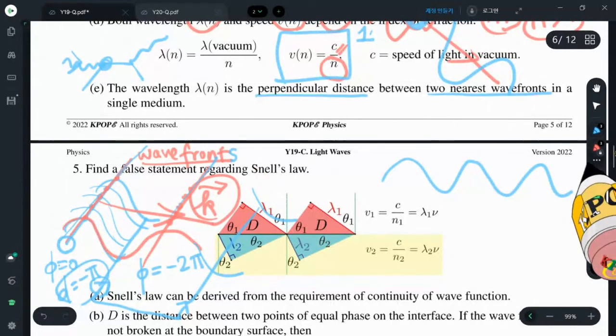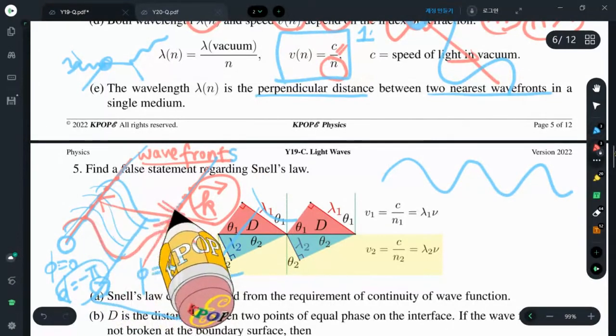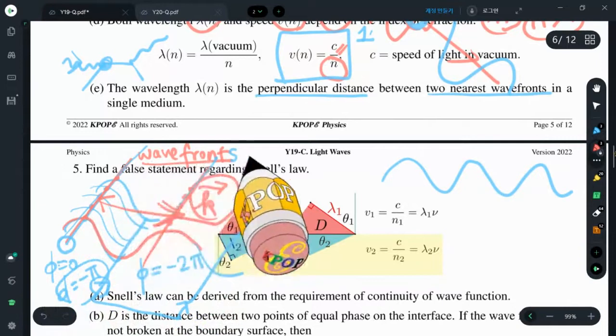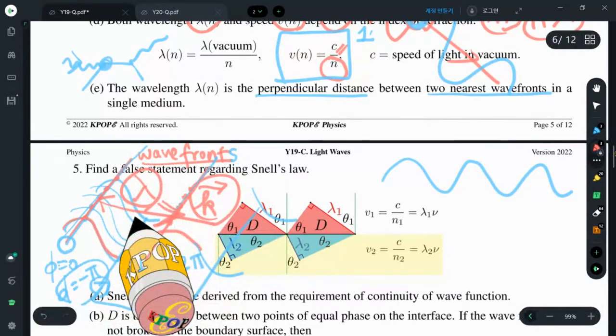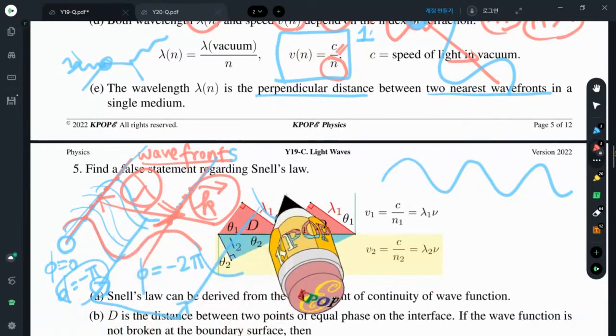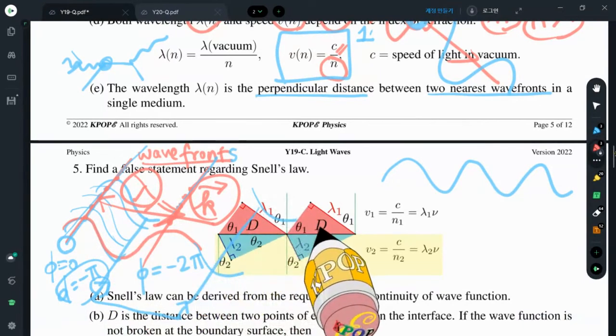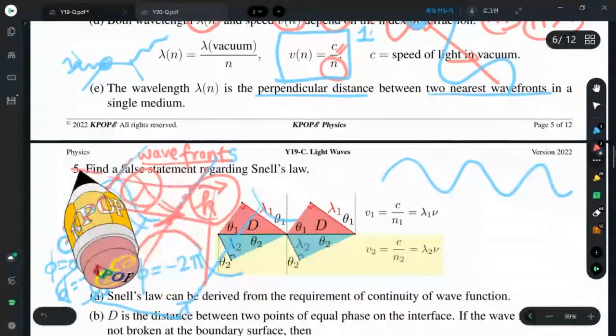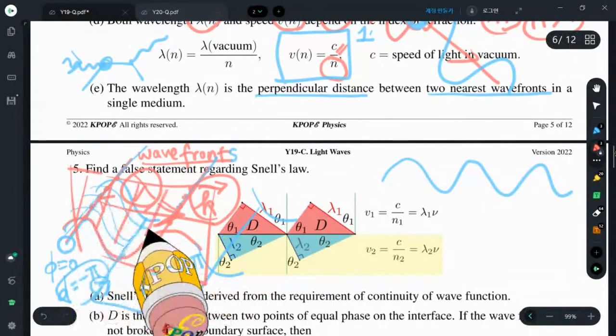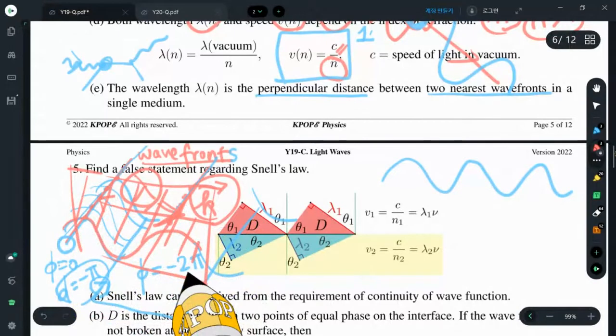The perpendicular distance between the two nearest wavefronts is called the wavelength. So this is a cross-sectional view cutting on this plane.